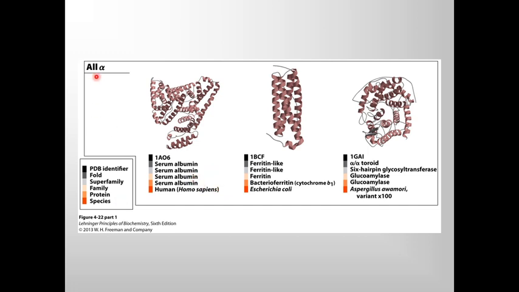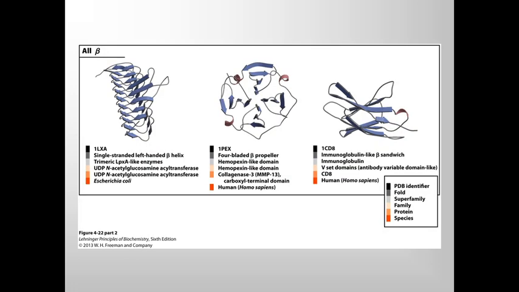For example, in an all alpha family, where everything is alpha helix in these tertiary structures, as you can see from here, serum albumin, which belongs to humans, is an all alpha structure. The other all alpha structure that we saw is myoglobin, remember. All beta proteins such as UDP N-acetylglucosamine acetyltransferase belong to a single-stranded left-handed beta helix fold, as shown here.